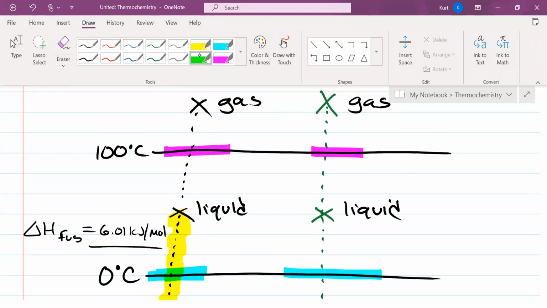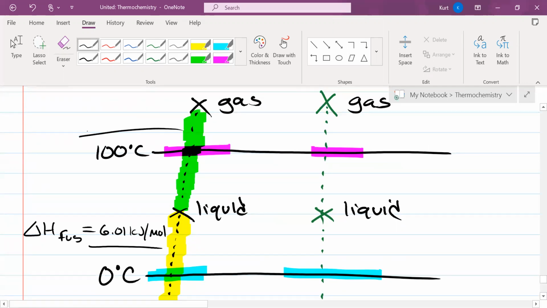Let's go up here. Enthalpy of vaporization is going to be 40.7. This is for water, everybody. Every substance is different.